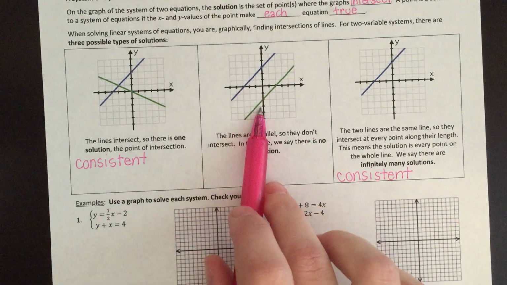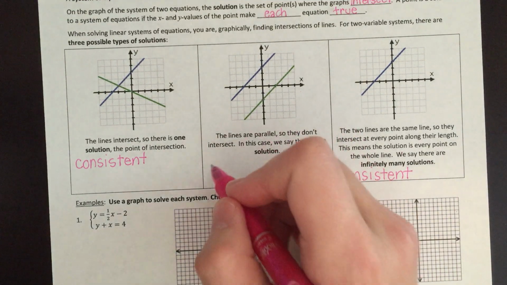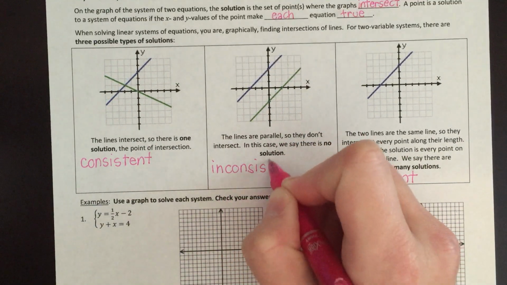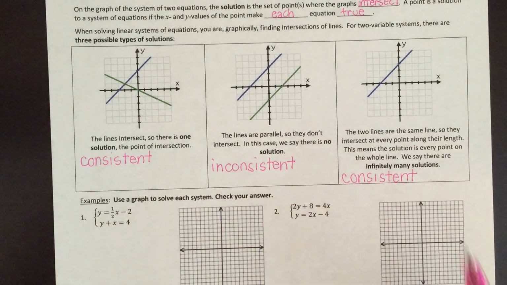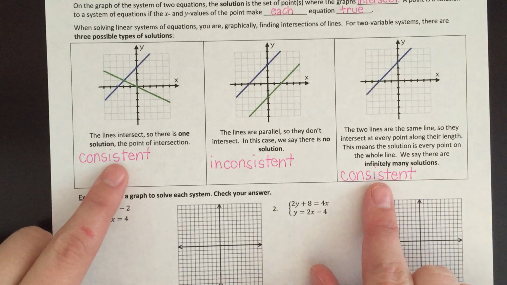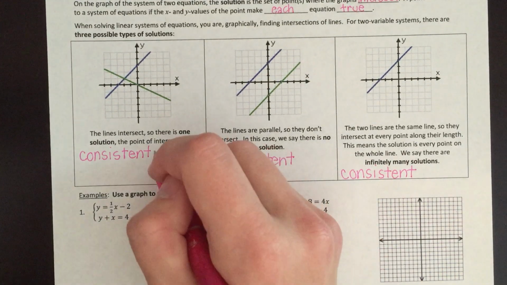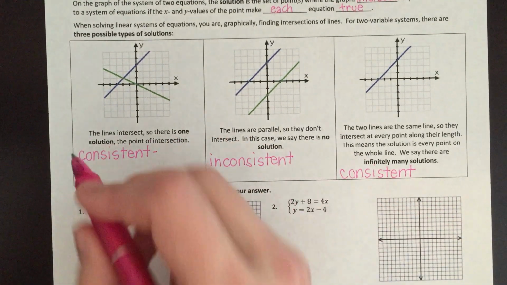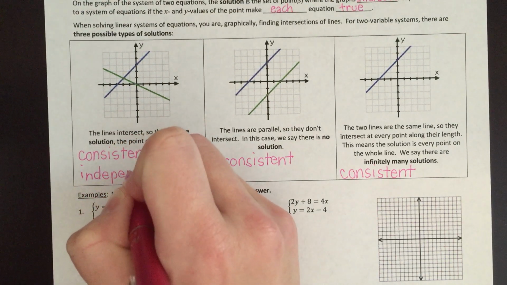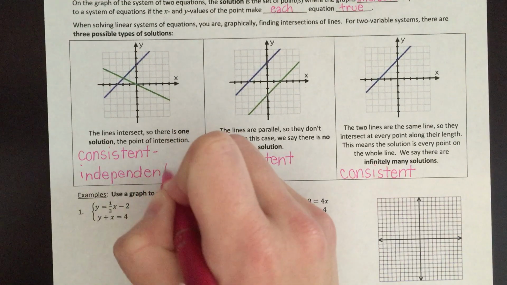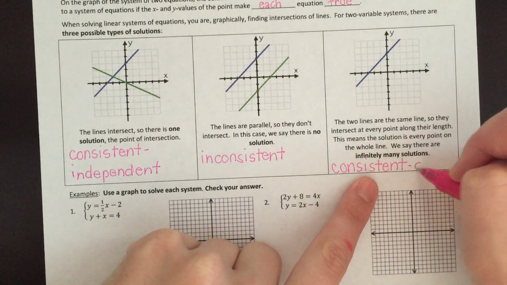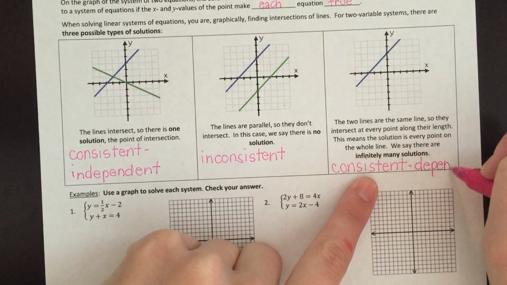And this type, because there's no solution, is said to be inconsistent. We've got two possibilities that are consistent, so how do you classify the two? If there's one solution, it's consistent and independent. And if it's consistent with infinitely many solutions, it's consistent and dependent.